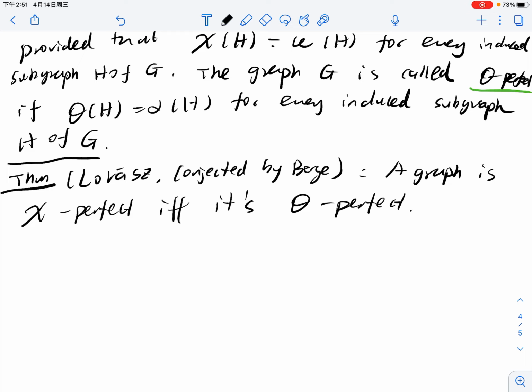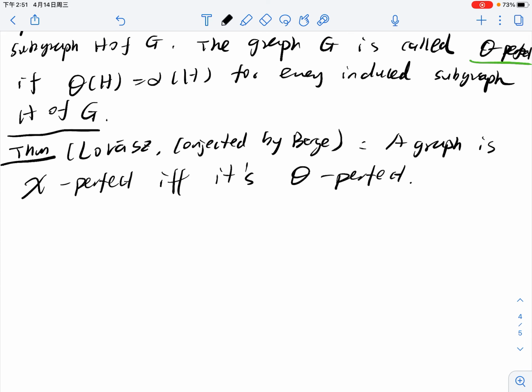So this is non-trivial because these two conditions are not exactly the same. They have relations but not so transparent. So this tells us we can just say, roughly speaking, perfect instead of chi-perfect or theta-perfect.